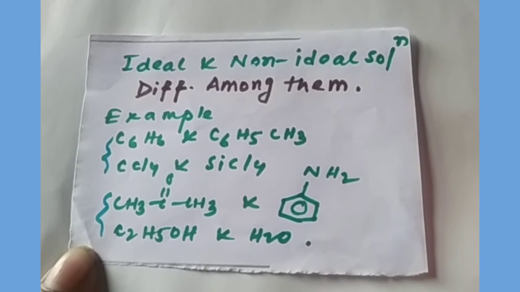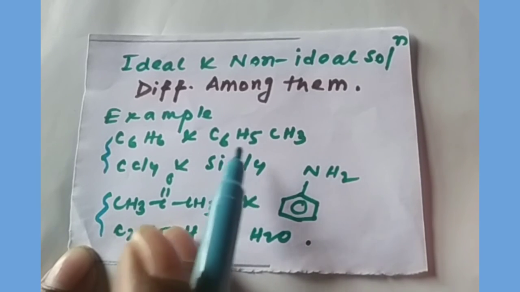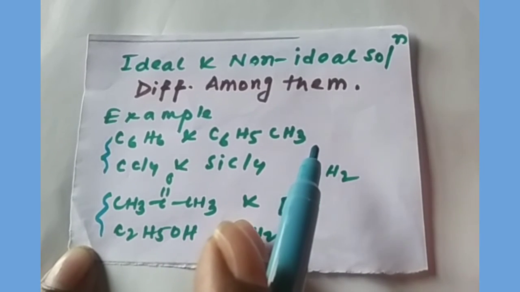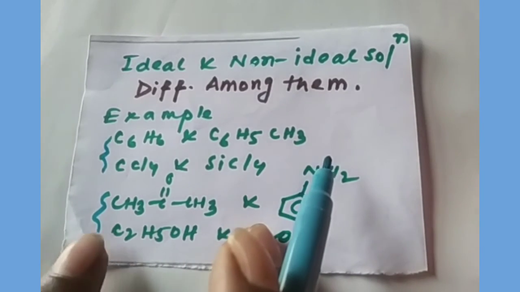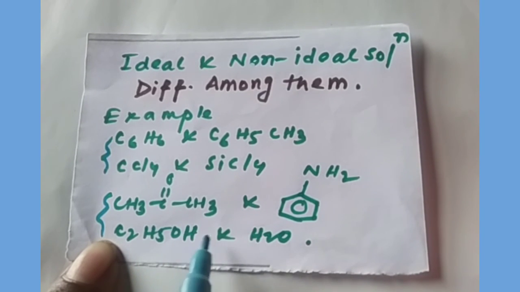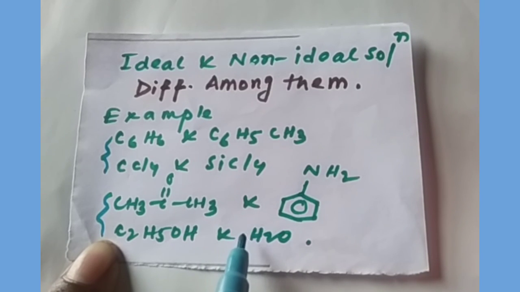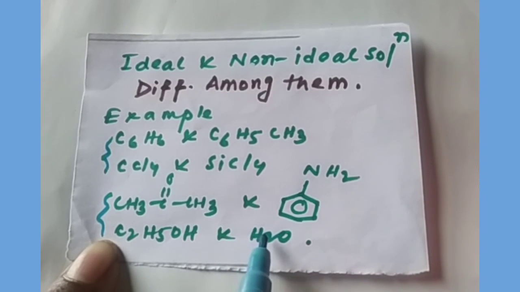For example, 20 ml benzene and 10 ml toluene will make a 30 ml solution. But in a non-ideal solution, adding 20 ml and 10 ml will not make 30 ml, maybe less or maybe greater.